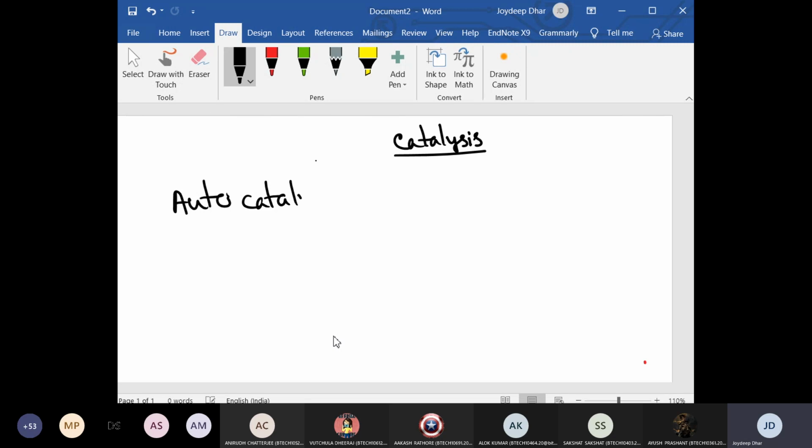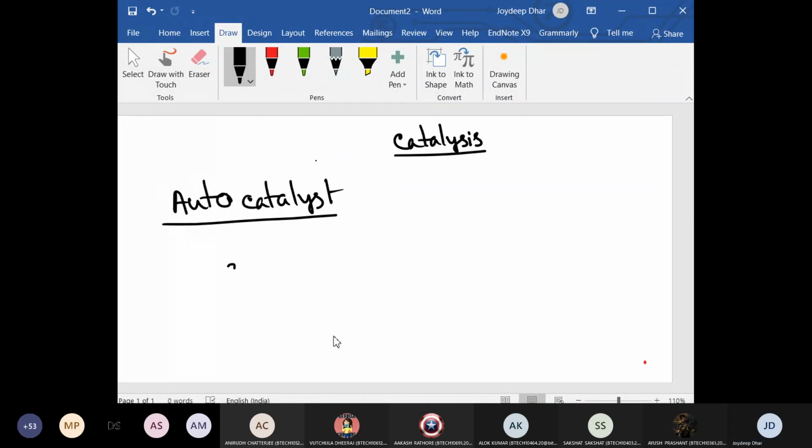In auto catalysis, one of the products will act as catalyst. We don't have to add any other catalyst from outside. So one of the products will act as catalyst and increase the rate of the reaction.